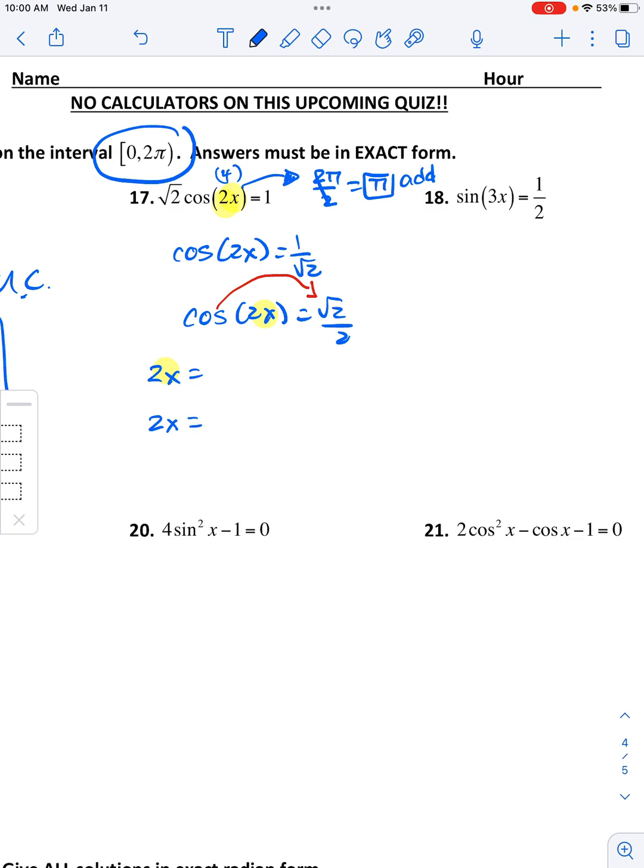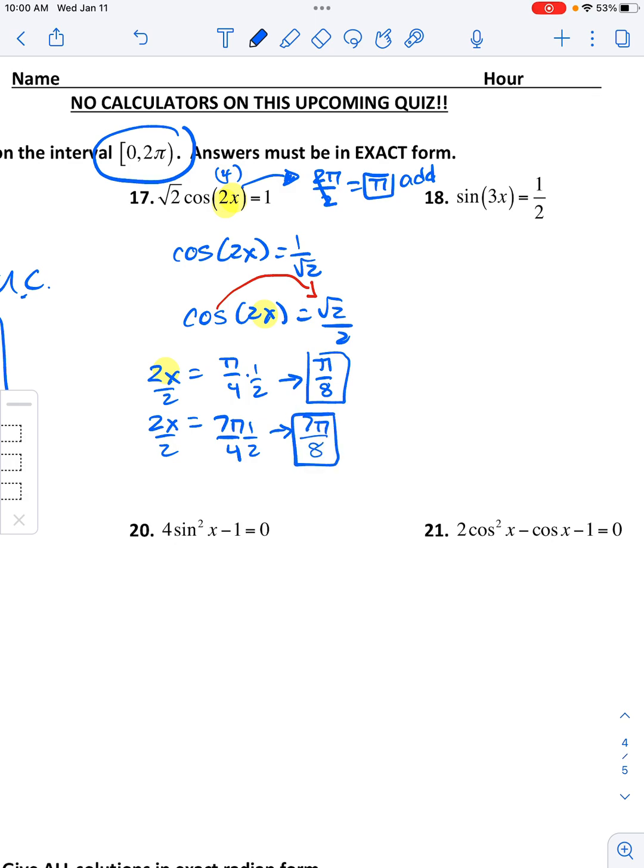So on the unit circle, the first place that cosine is root 2 over 2 is at pi fourths, and then the second place is at 7 pi fourths. Okay, so to get that to be just plain x, I need to divide it by 2 or multiply by a half. So my first answers to this are pi eighths, and then doing the same thing here, my first answer down here is 7 pi eighths.